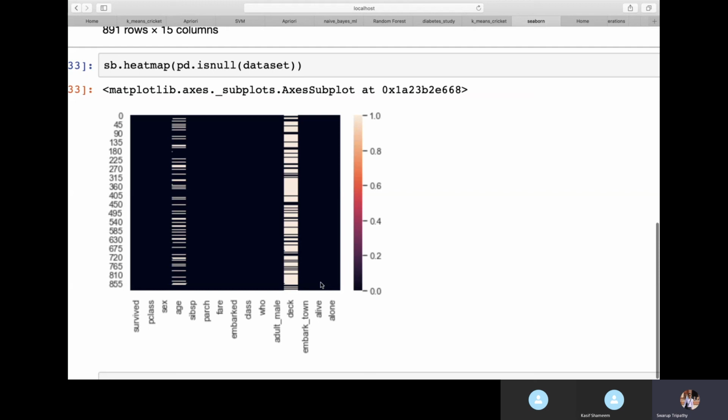So now here we have so many missing values in age. To study this data, if I remove all these missing values, then what will happen? Our data set will be small to understand. So that's where we do something called missing value imputation. Missing value imputation means filling up those gaps.